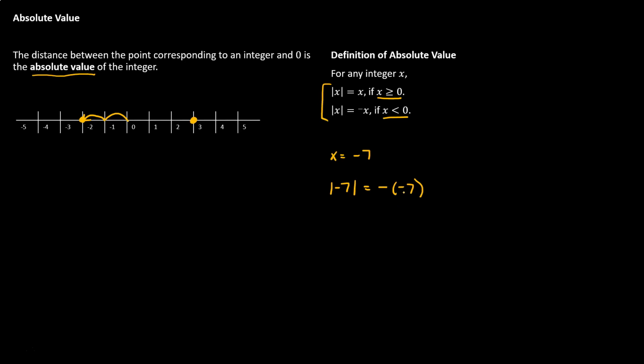So the opposite of -7 sends you right back to +7. If we were looking at x equals +3, then I would say the absolute value of +3, I need to use the top rule. That just says copy your x over because there's no negative here to deal with.